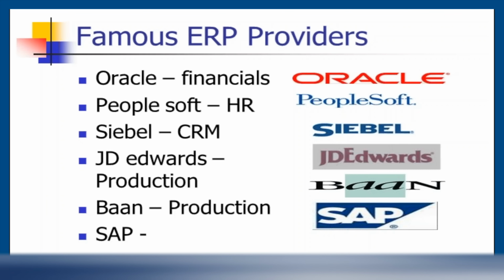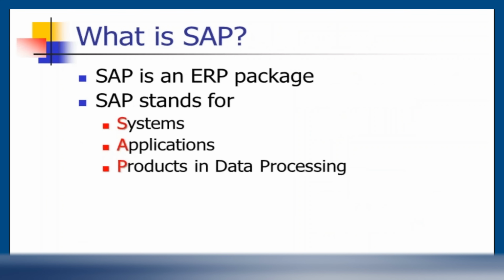These are all ERP packages, but relevant only to specific industry sectors. Baan, no doubt, is a Dutch package, but it is also in SAP. Like that, there are famous ERP packages. Of course, earlier I said there are many ERP packages, but these are the famous ones. You know, what is SAP?